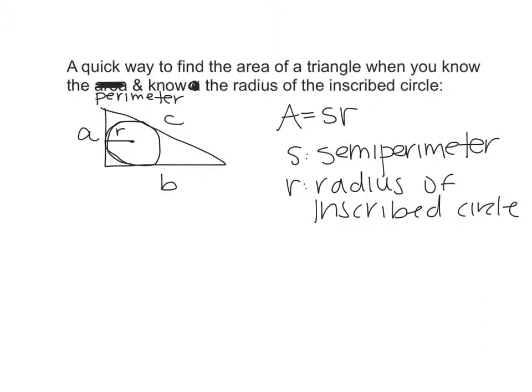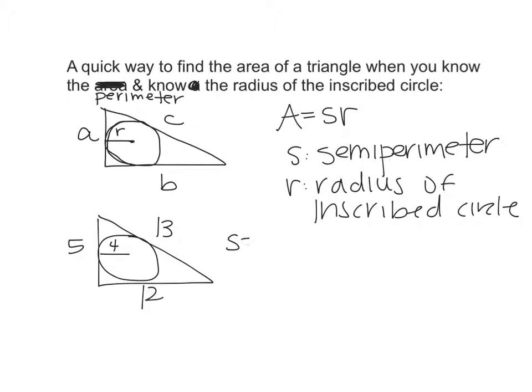So if I tell you that we have a triangle that's, I don't know, 5, 12, 13, make this up, with a radius of 4. So my semi-perimeter, we know, is 1/2 of 5 plus 12 plus 13. So S is equal to 1/2 of 30.